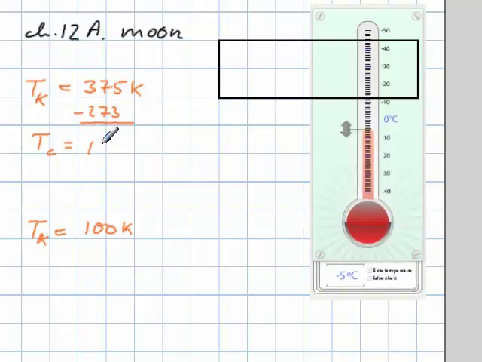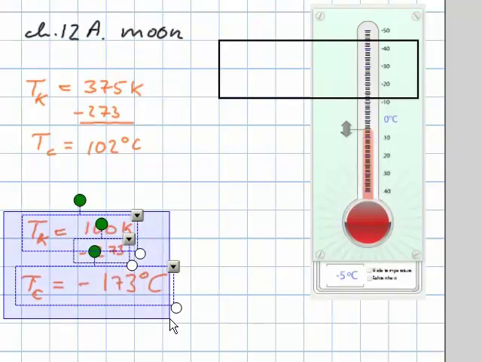So I can write down the result here, 102 degrees Celsius, and on the other one I would do the same thing, minus 273. So in Celsius that's going to be minus 173 degrees Celsius. I think I might need a little bit more space.